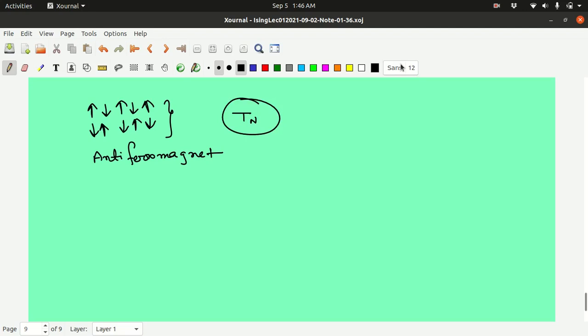So here the point is the following. In an antiferromagnet the spins are alternately up and down in space, and the net magnetization is 0, because if all the spins are alternately up and down, the net magnetization will obviously be equal to 0. So then the order parameter cannot be the magnetization.